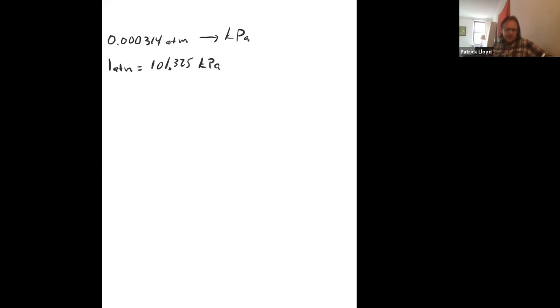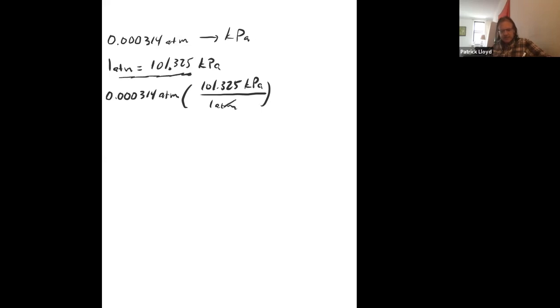Okay, so we want to go to kPa. So we're going to put the kPa in the top. So 0.000314 ATM, and then 101.325 kPa divided by 1 ATM, right? I'm just using this conversion factor here. Atmospheres cancel. And so it's going to be still pretty small. It's going to be less than a kilopascal, I guess.